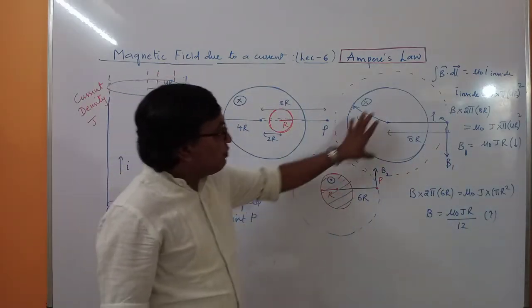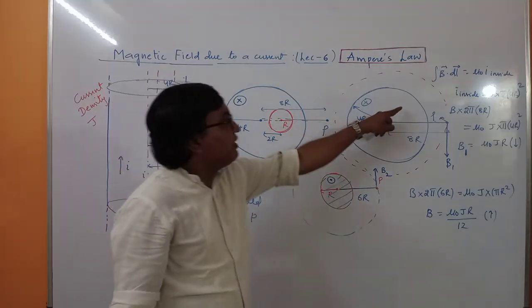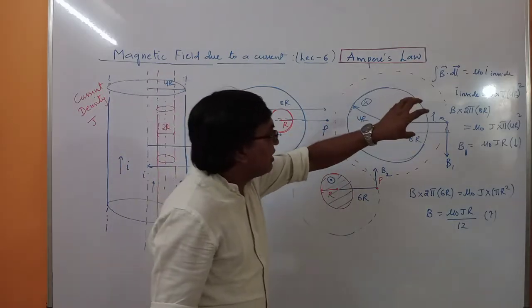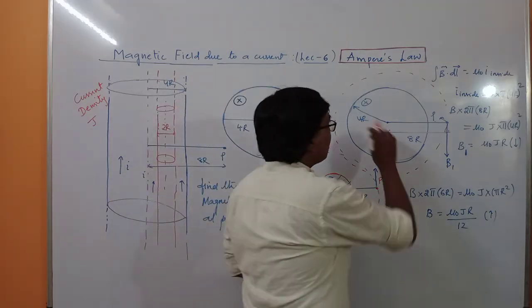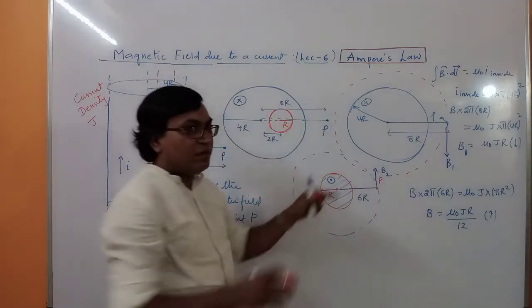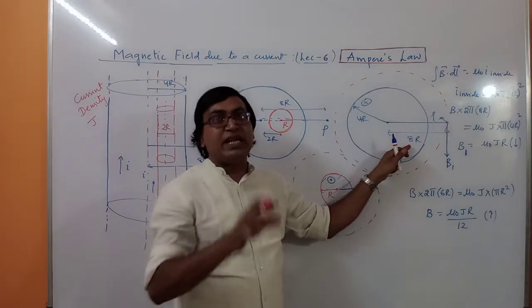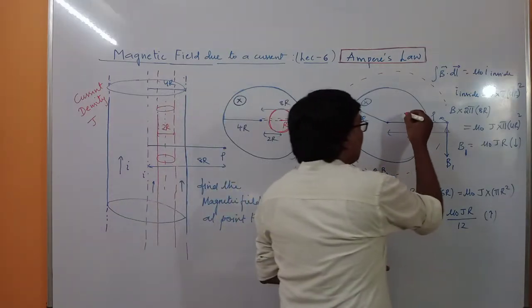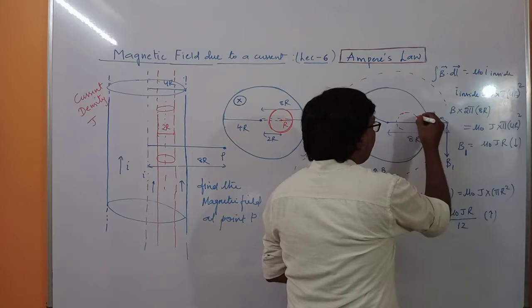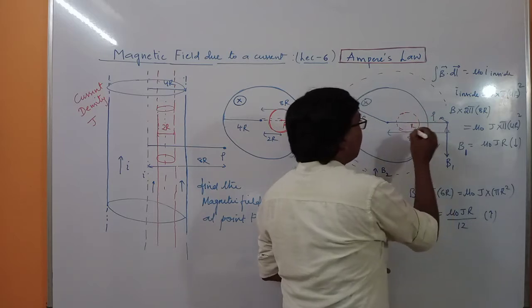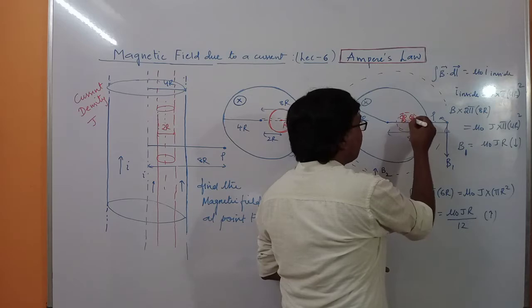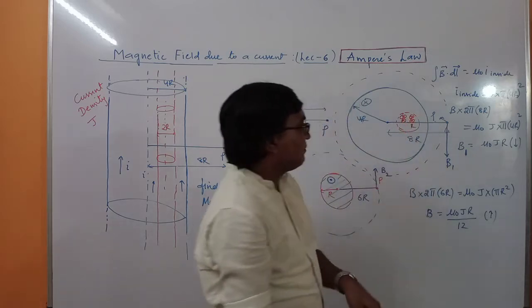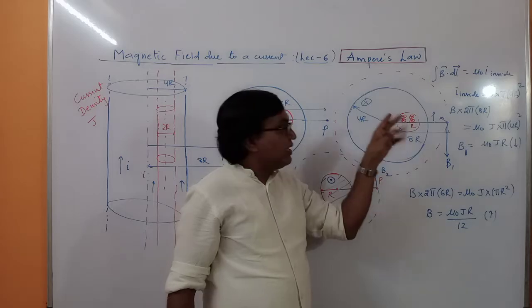So if you superimpose these two, here we will have a cavity. Let me explain. Actually there is a cavity, but I assume a complete cylindrical cross section. If you consider that radius r, the current passing through this area of cross section is J into pi r square, passing inside.